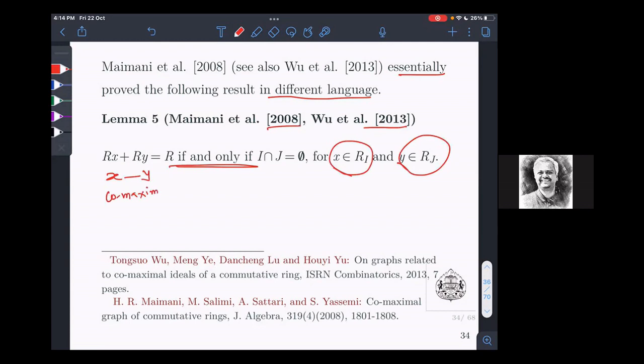When the principal ideals are co-maximal, they are adjacent, and this is in terms of I intersection J being empty. And this helped a lot.